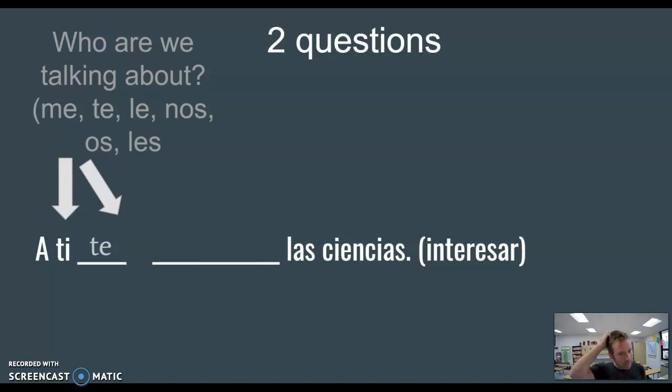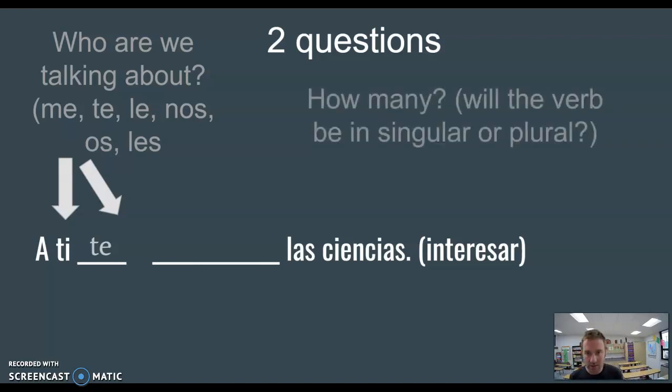Te. And then the second question, how many are there? This thing that we're talking about. Las ciencias, right? This is what we are saying is interesting to us. Well, is this thing one thing or more than one thing? Well, in this case, we know it's more than one thing porque es las ciencias.